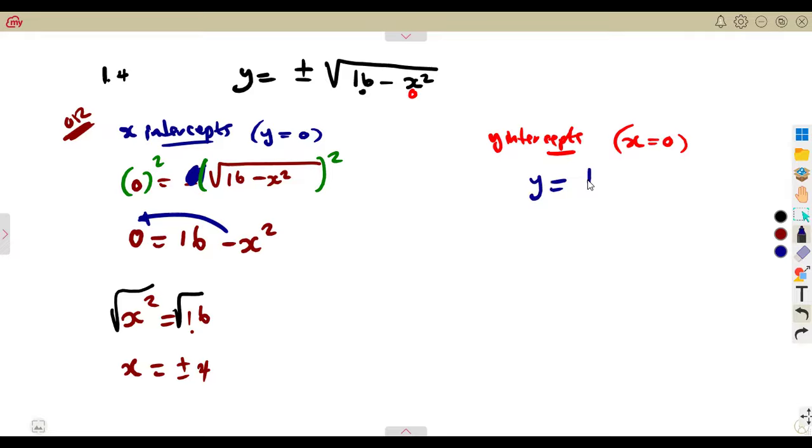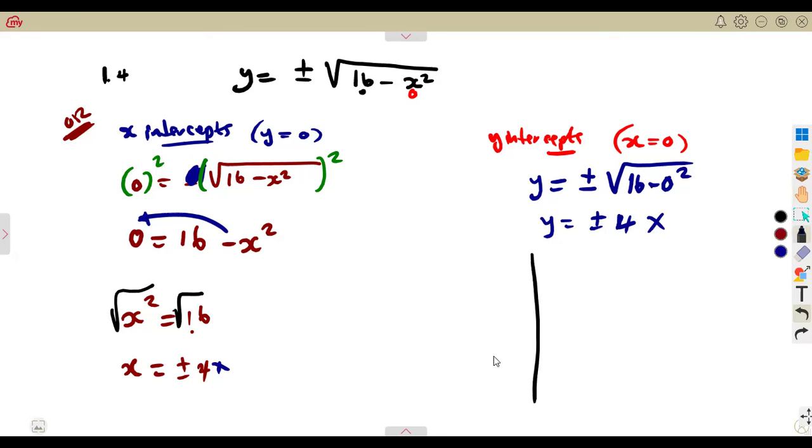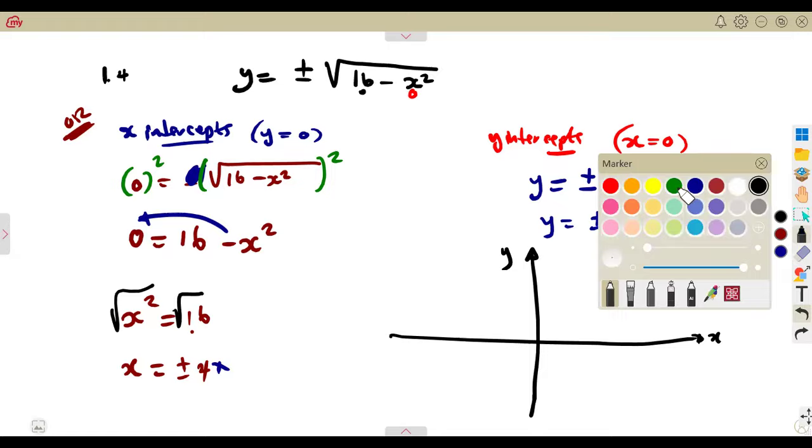As you can see, y is the one that is limited to plus or minus. So it's plus or minus the square root of 16 minus 0 squared, which is simply 16. And the square root of 16 is plus or minus 4. So as we can see, the value of x and the value of y are the same. That simply means it's a circle that we are having, even if you do not know the type of function, just by seeing the x and y values being the same.